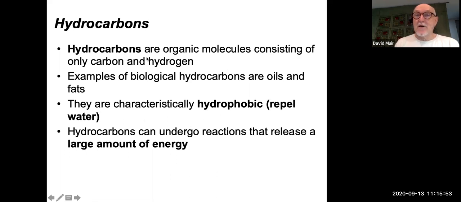Those hydrocarbons are extremely important in living things for two reasons. The first is, you remember I told you that each cell is described by a cell membrane. That membrane is made of hydrocarbons.